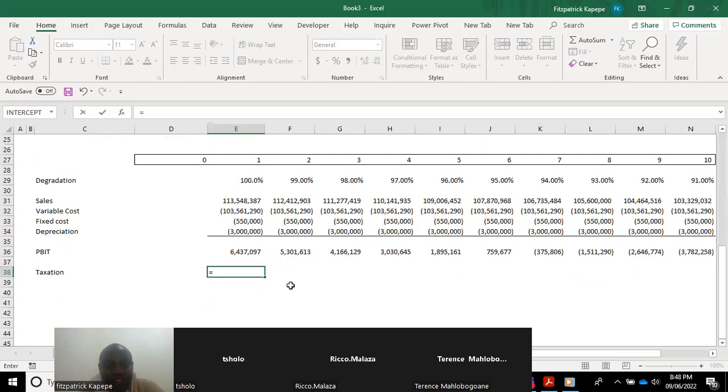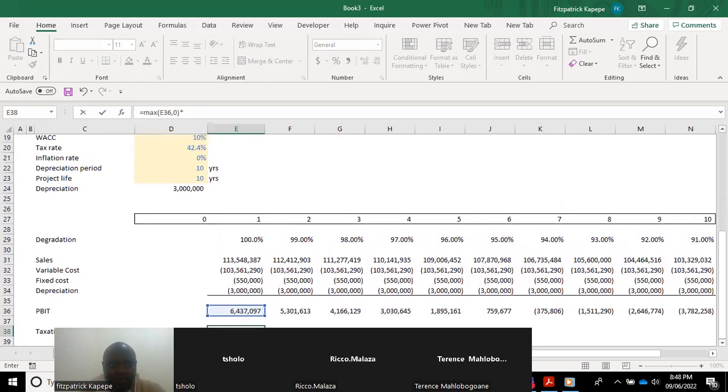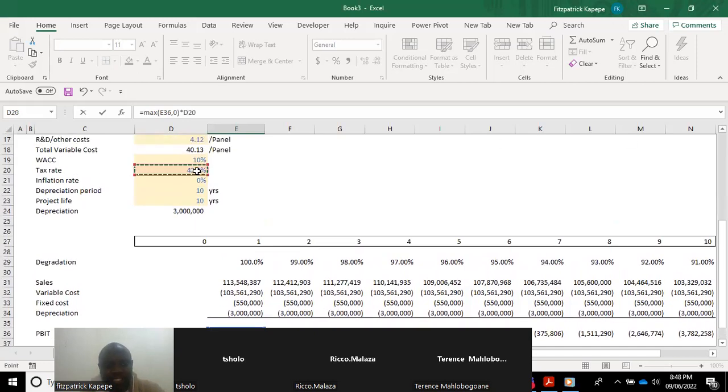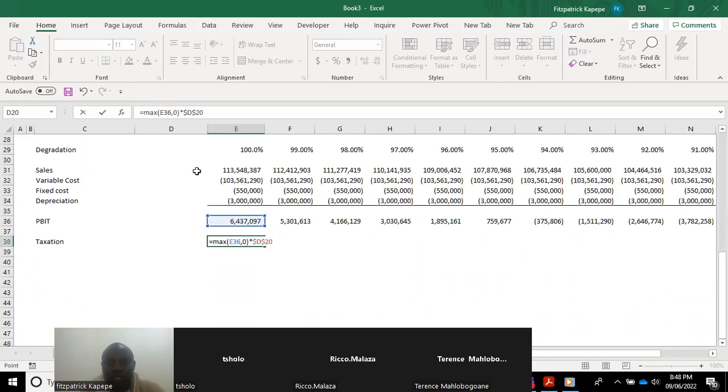Say equals MAX, open bracket, pick profit before interest and tax, comma 0, then times the tax rate of 42.4%, which you're going to lock, and press enter. You're saying if it finds a negative, it should give you 0 as the minimum value.